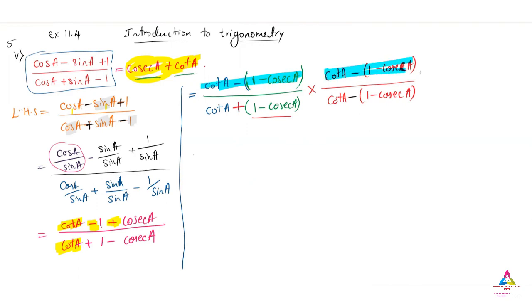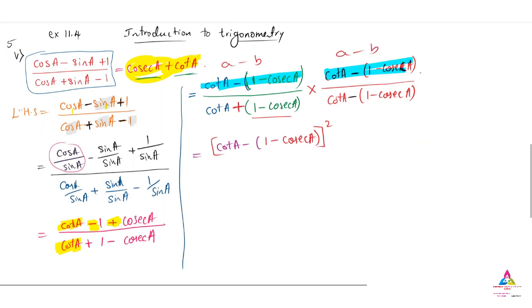So we will take it as cot A minus 1, that is 1 minus cosecant A, that whole squared, because it looks like A minus B into A minus B. Consider this whole thing in the bracket as B and this whole thing as B. The same terms are repeating, so we can take the whole square, divided by cot A.